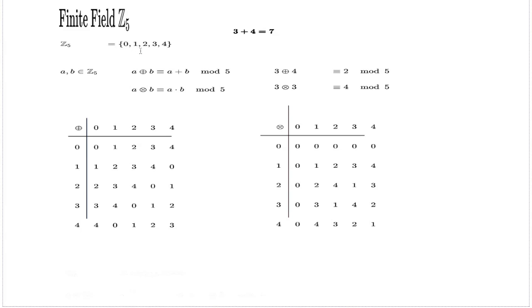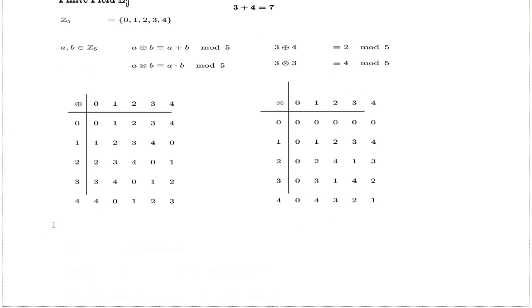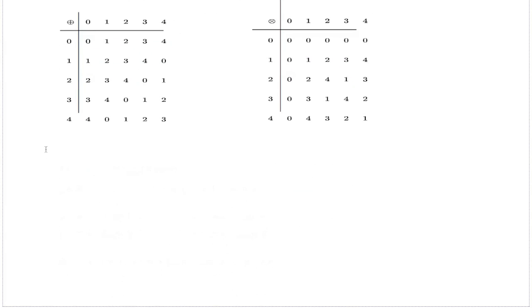Let's just look into this. What I claim here is that Z5 is truly a field, the way we defined it before. And most of the axioms are very trivial to check. However, I want to look at the existence of the inverse for every element of Z5.